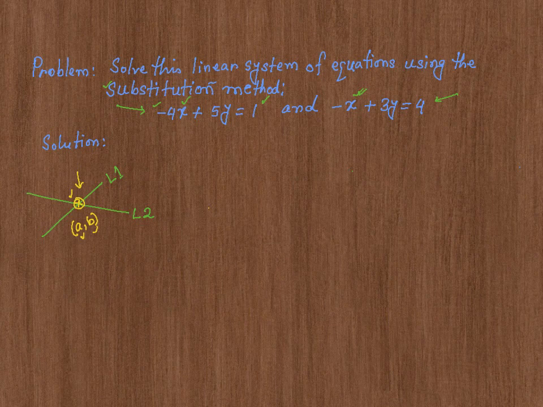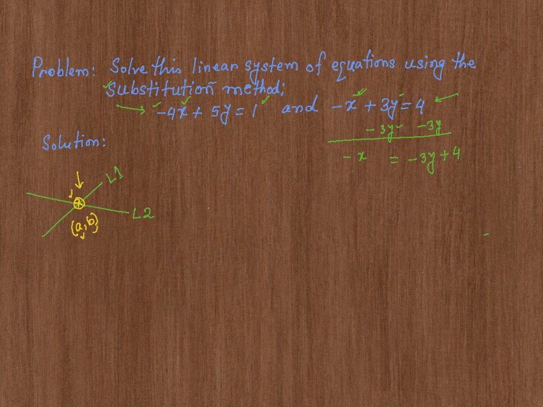So in the second equation, if we solve for x by subtracting 3y from both sides, what we get is -x. The -3y and +3y cancel, and that gives me on the right hand side -3y plus 4. Now I am going to multiply both sides by -1.